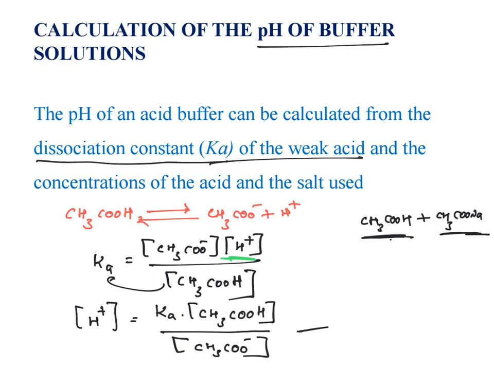So from this expression we can derive the pH expression for an acidic buffer solution. Let's take H plus concentration equal to Ka, concentration of acetic acid, by concentration of acetate ion.